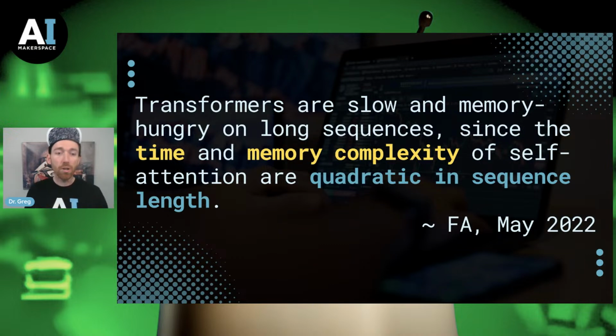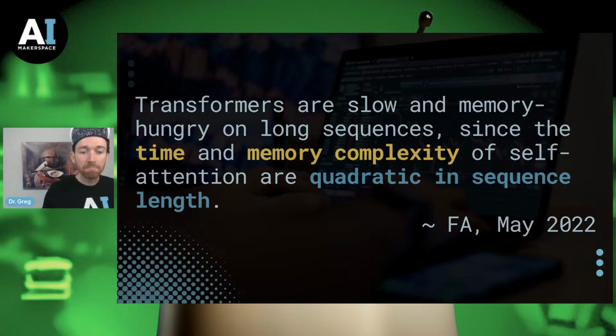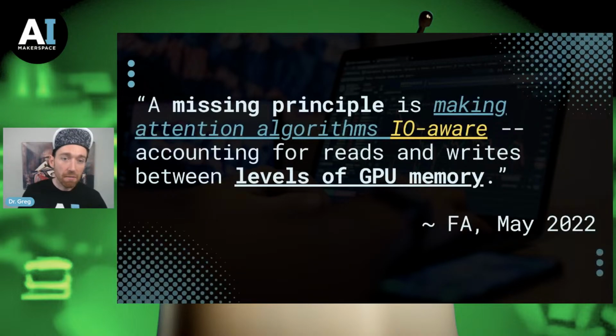This is something you'll read all the time. This memory complexity is really important, and it really does slow things down. So the idea of FlashAttention was to say, what we're missing are attention algorithms that are aware of input and output and able to look more closely at them, in the same way the KV cache idea was implemented as one solution.